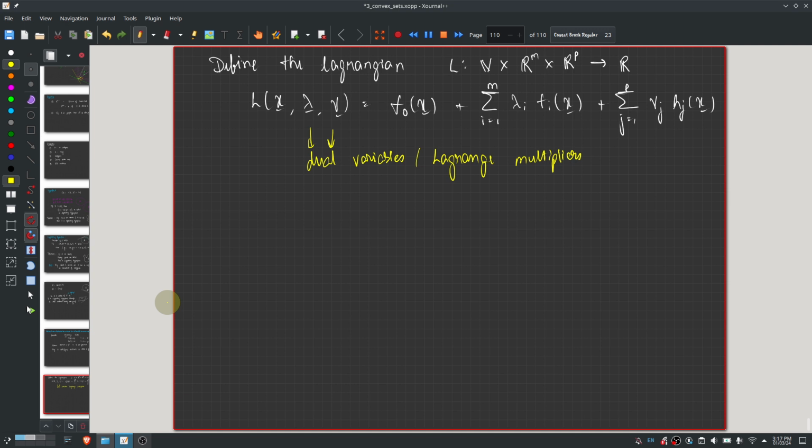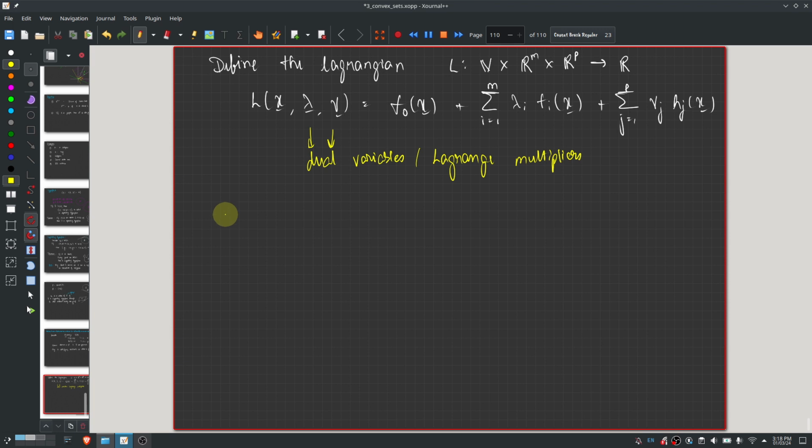Now, at this point, I'm not assuming that these fi's are convex or anything. This approach is very general, but we'll see that some of these results apply only when these functions are convex. Nevertheless, I can always define this Lagrangian. I've introduced these two new sets of variables, the Lagrange multipliers, and this function is well defined.